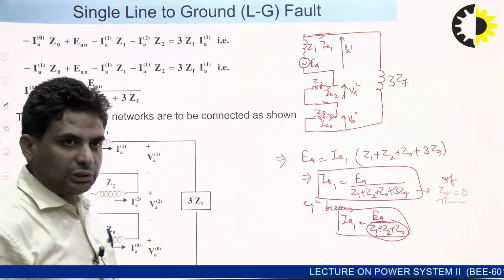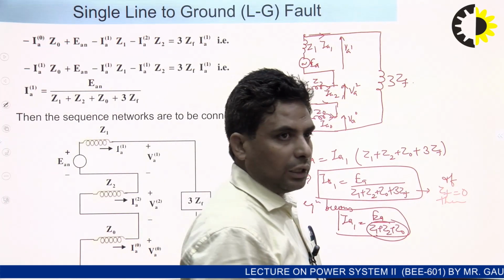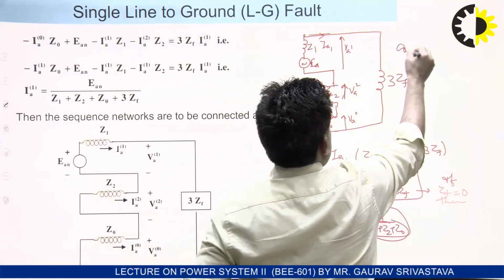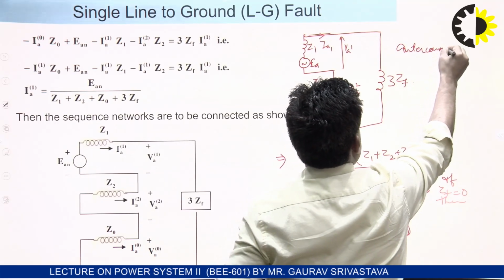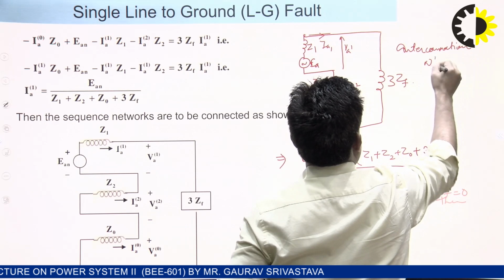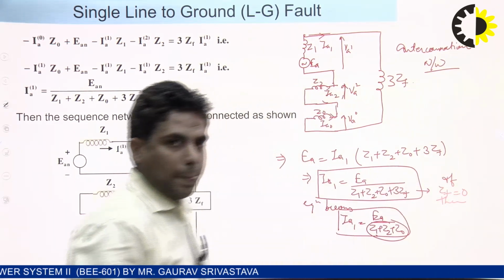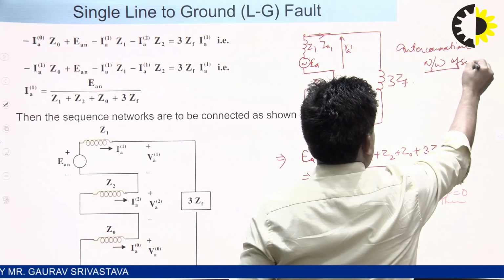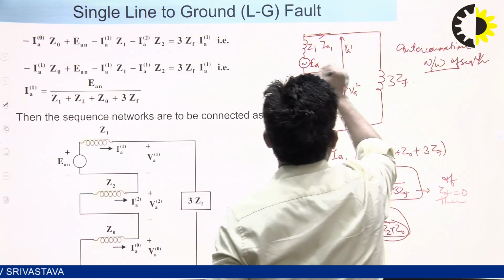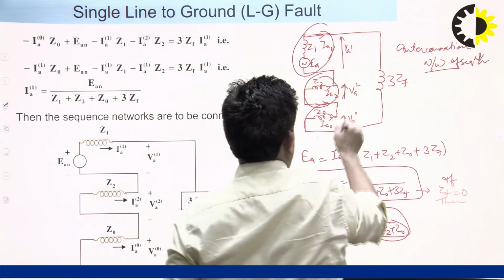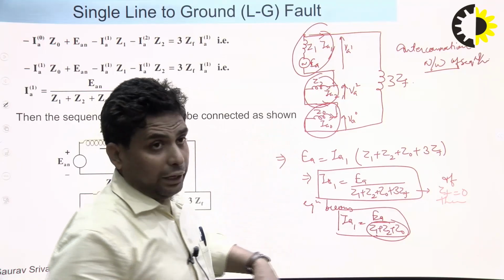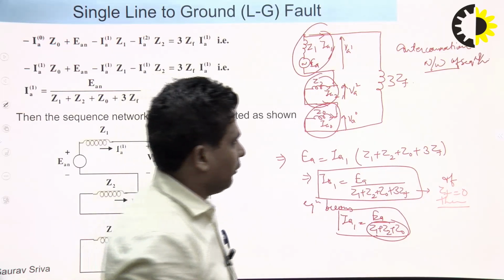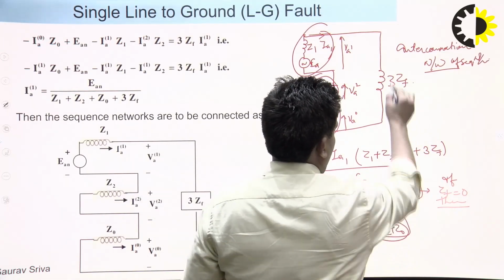That is the simple function we can easily draw. This circuit or diagram is known as the interconnection network, where the positive, negative and zero sequence networks are connected in series. In this expression, when the fault impedance is zero, what will happen?